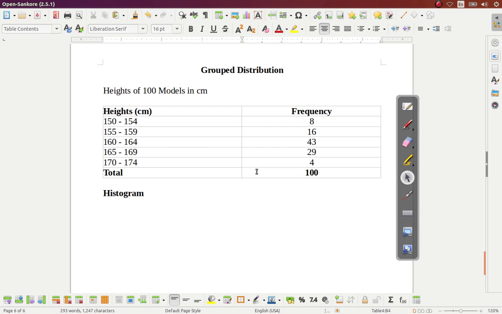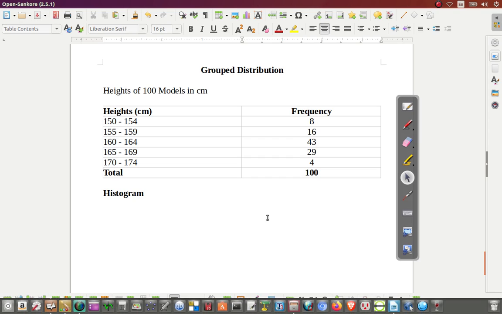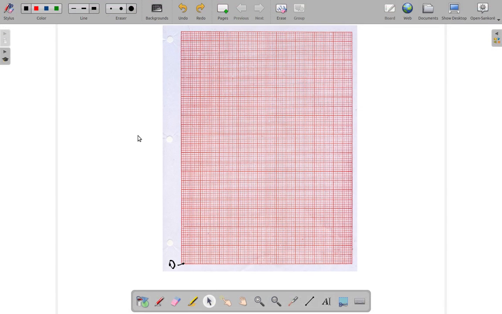This is the frequency we're looking at. So, I'm going to label the vertical axis as frequency, F-R-E-Q-U-E-N-C-Y. Frequency means how frequent. And then the horizontal axis, we label it as heights in centimeters.